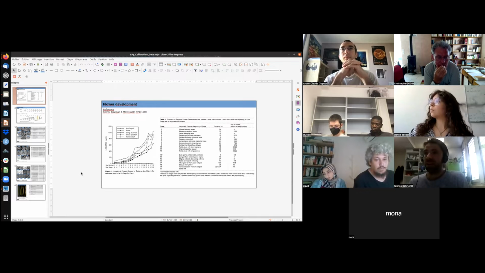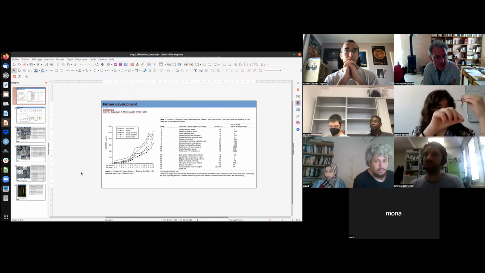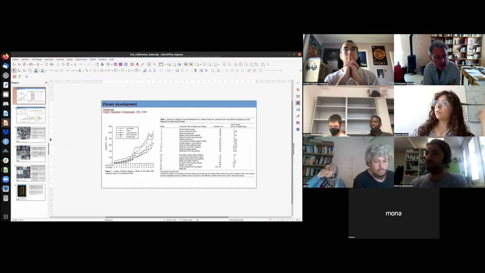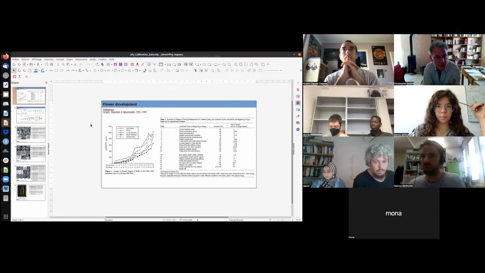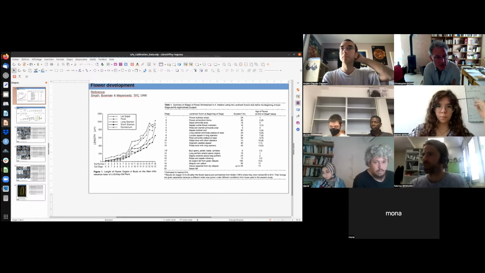But hopefully this work has been nicely done, because developmentalists in the 90s worked a lot on the development of the flowers to study the cellular events that were taking place in the meristems. And so we have a lot of data, and we went back to typical seminal papers from the 90s, where you had these growth curves of the sepal, petal, stamen.